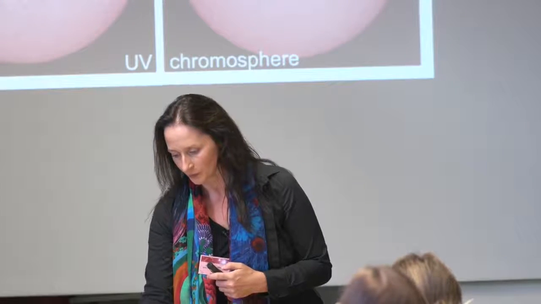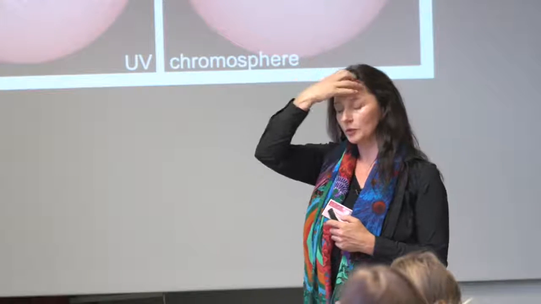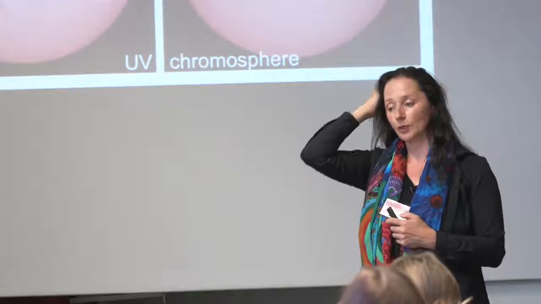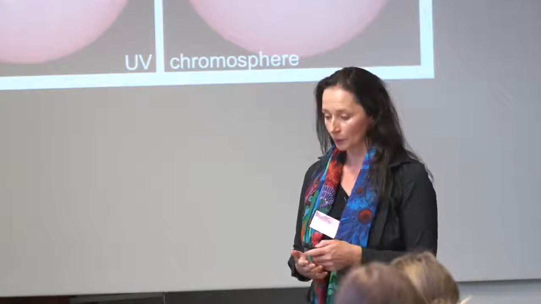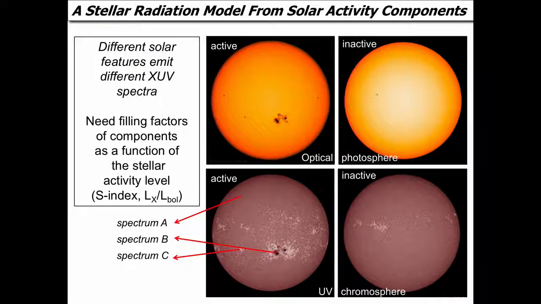And especially when the sun was younger, when solar-type stars were younger, they show even much more of this energy output in X-rays, as I mentioned already. So if you really want to take into account the effect that a star, the sun, has on the planetary atmosphere, we also need to take into account the different influence of the different wave bands in the optical photosphere, active, inactive, UV, and chromosphere.